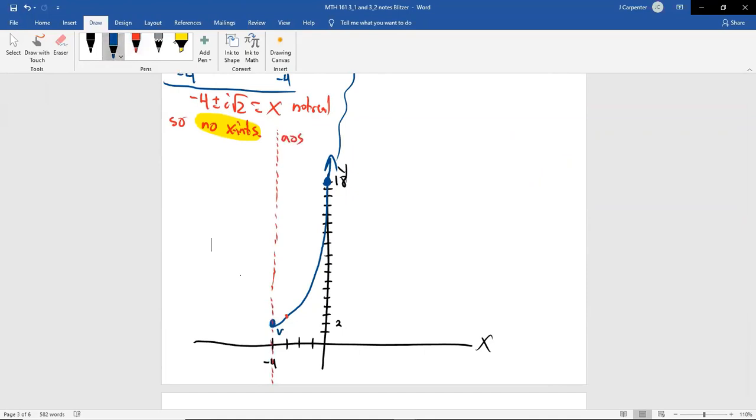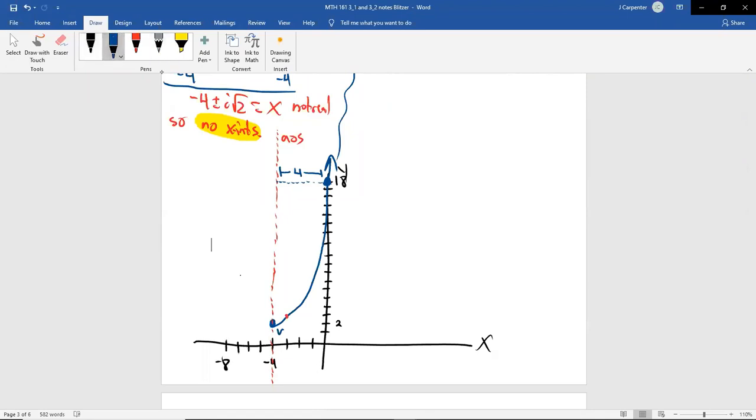Now, from the axis of symmetry, you've got this point here at a height of 18. It is 4 units away from the axis of symmetry, because this was a -4 and this is a 0. 1, 2, 3, 4. So by symmetry, there is another point 4 units to the left of that mirror, which would be at -8.